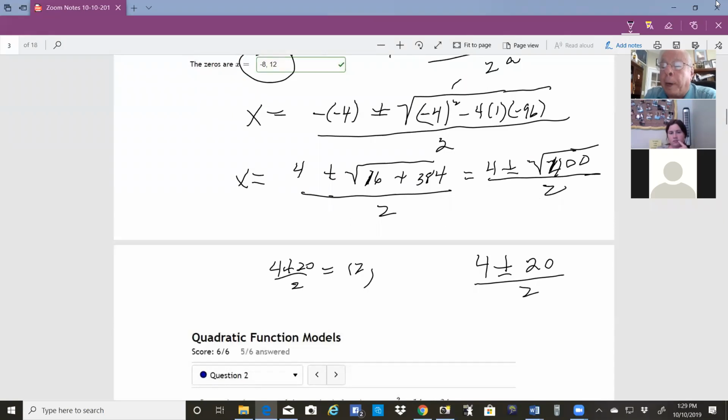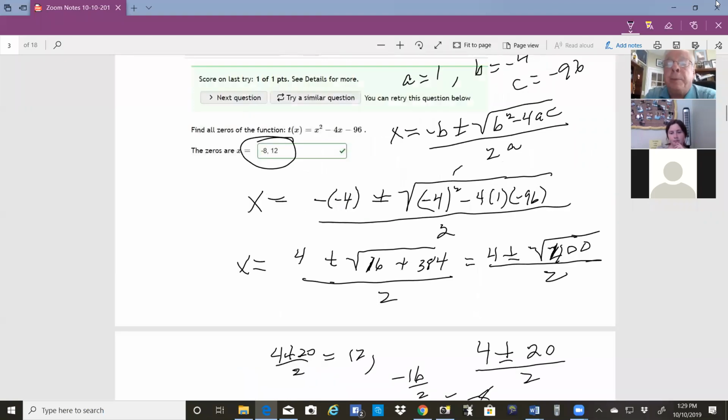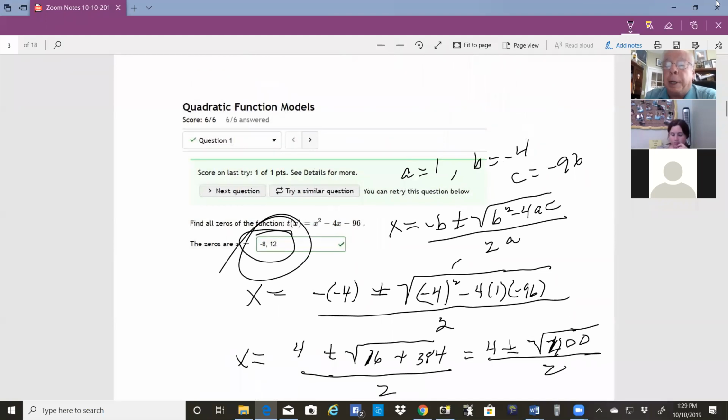And we got 4 minus 20, which is minus 16 over 2. It's equal to minus 8. So it's the same numbers we thought it was, okay? Now, obviously, doing the quadratic formula may have taken a little bit longer unless it took you forever to come up with the factors.